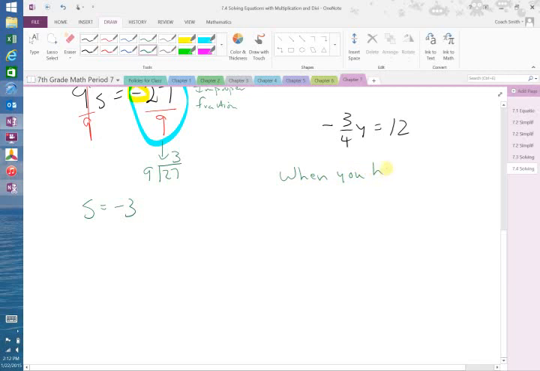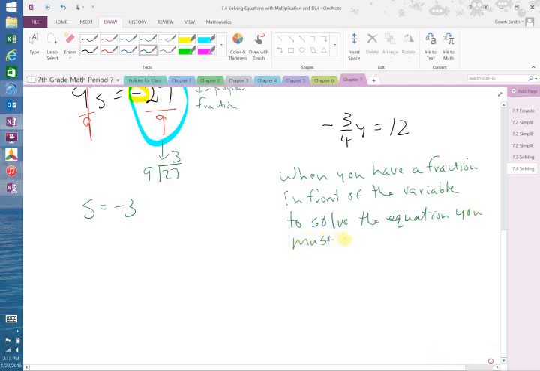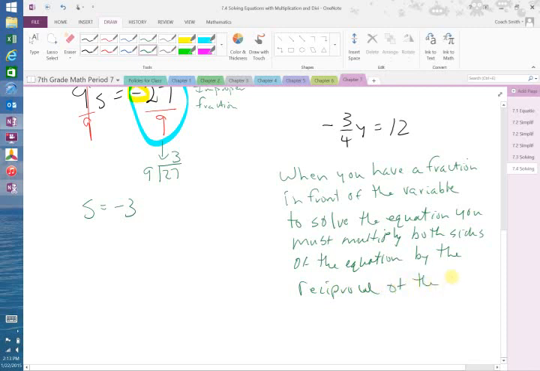When you have a fraction in front of the variable, to solve the equation, you must multiply both sides of the equation by the reciprocal of the fraction.